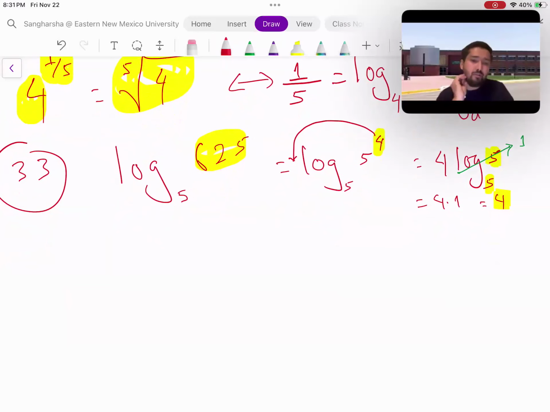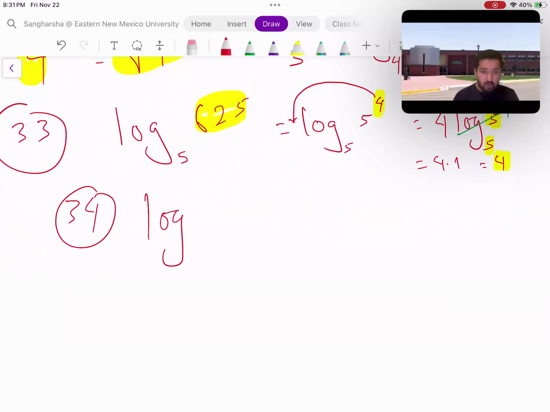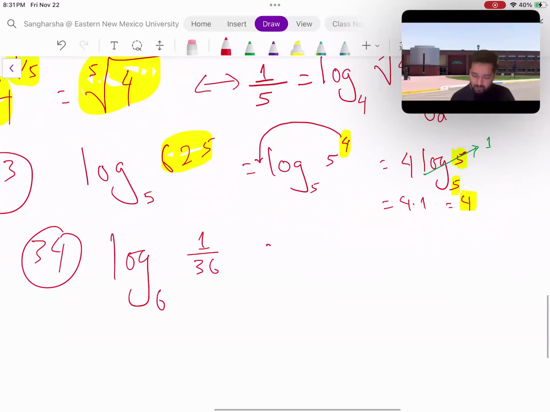Let me do 34; 35 you should be able to do. In 34, we have log of 1 over 36 to a base 6. The concept is the same. Our base is 6, so you're going to rewrite 1 over 36 in terms of base 6.